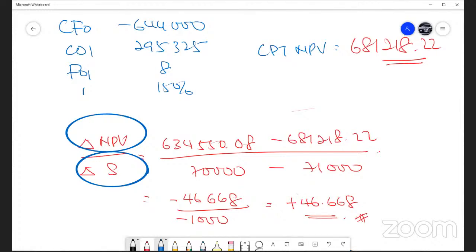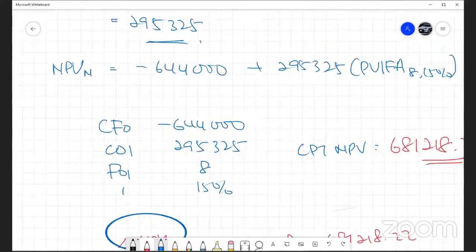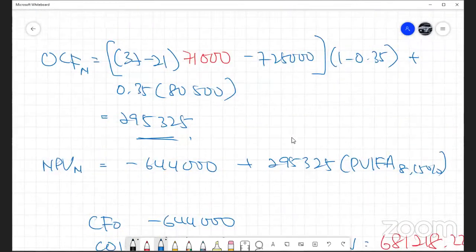Okay, so back to C. The sensitivity of OCF to changes in the variable cost figure. Just now we were talking about changes of quantity sales to affect your NPV. Now for the next question, they want us to see the change in your variable cost to affect your OCF. So look back at the base question here.